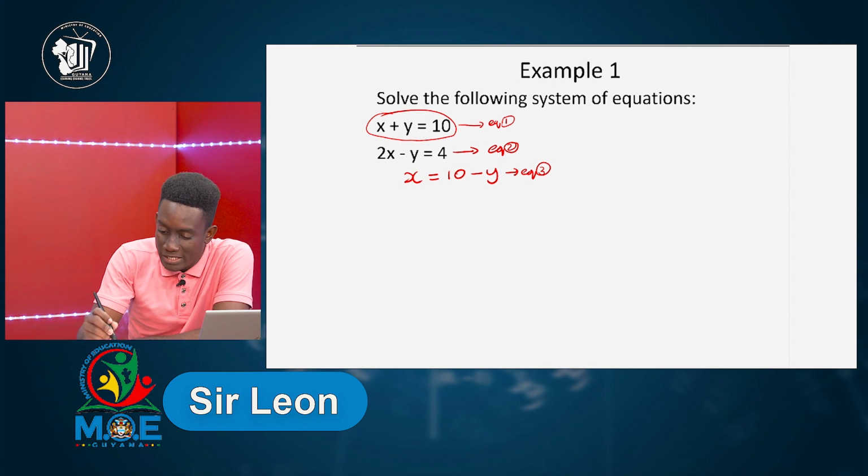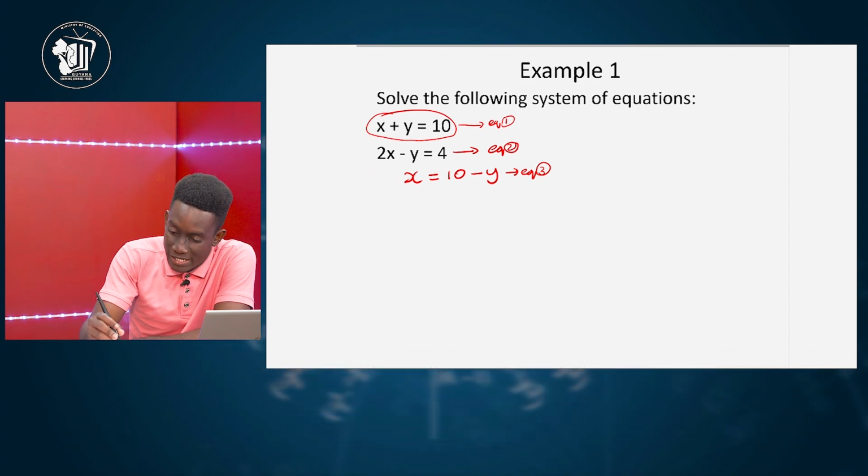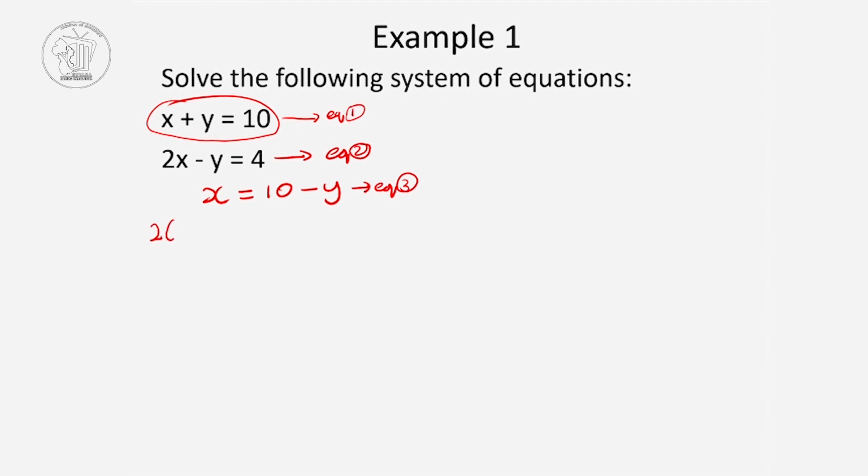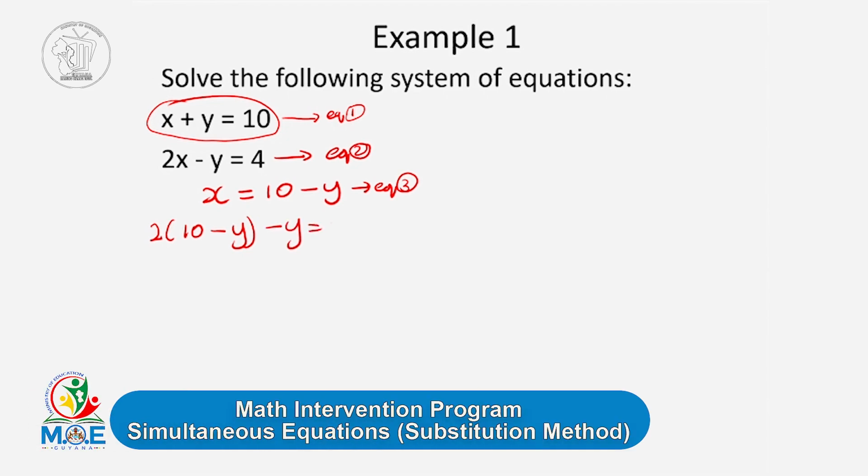Now we take equation 3 and we put it into the other one that we did not use as yet. So we're replacing x. Instead of 2 times x, we'll have 2 multiplied by 10 minus y is equal to 4. We distribute the 2.